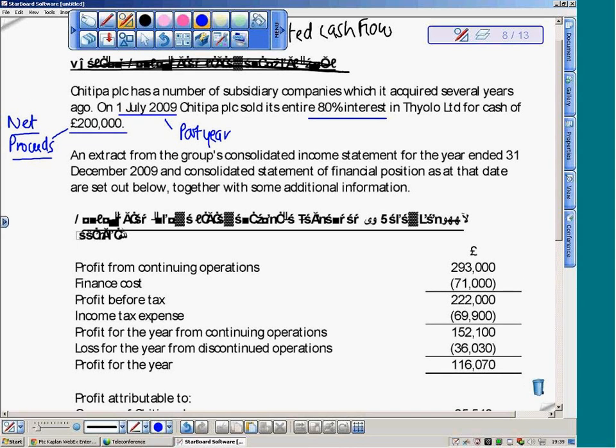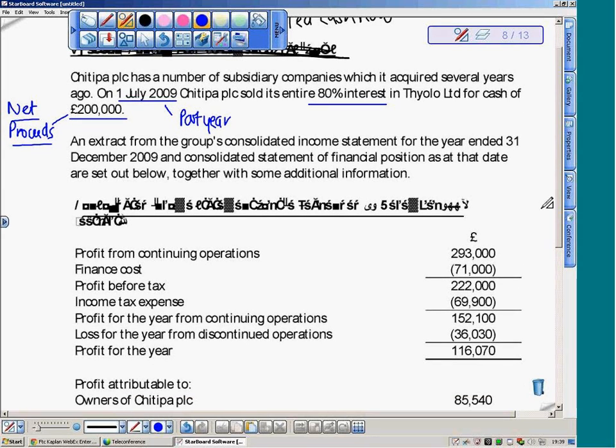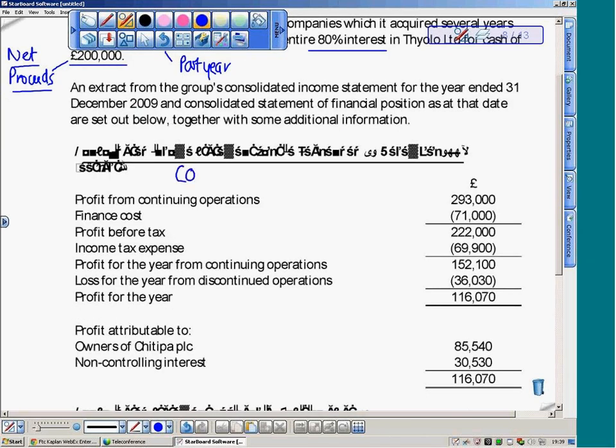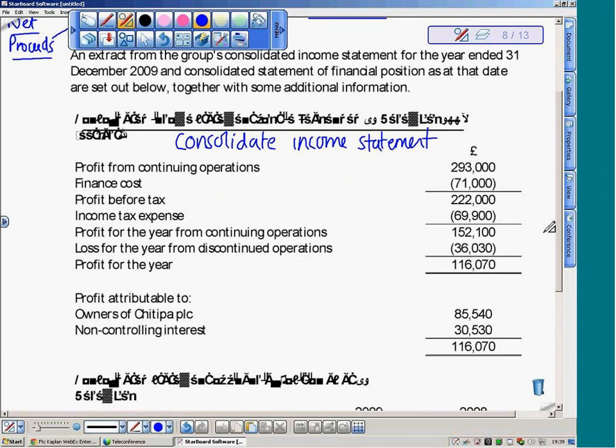It then gives us extracts of the group consolidated income statement for the year ended December and the SFP. They'll always give you information in a very similar manner to what you see with your single entity cash flows, i.e. an income statement and the SFP. Here you have the consolidated income statement, and it starts off with profit from continuing operations.